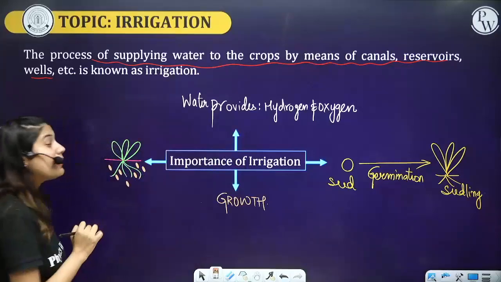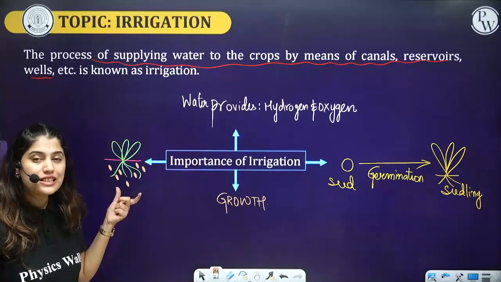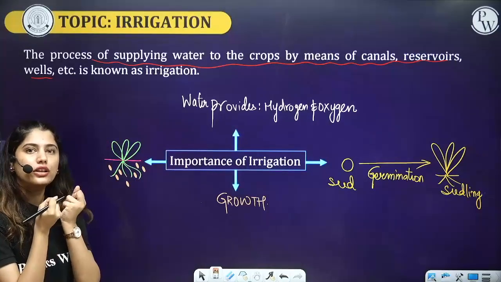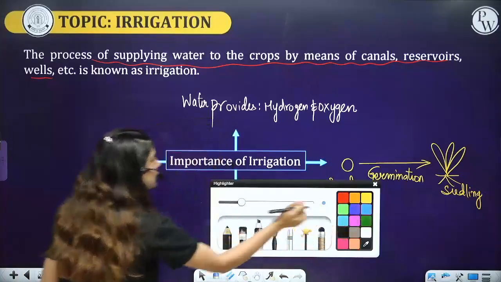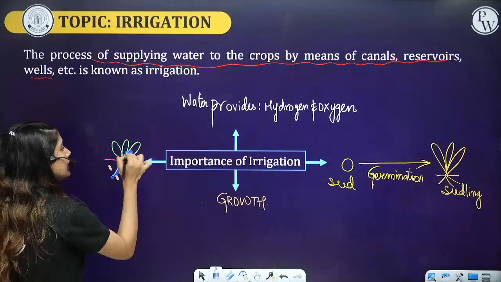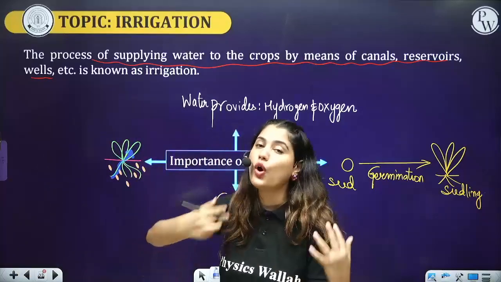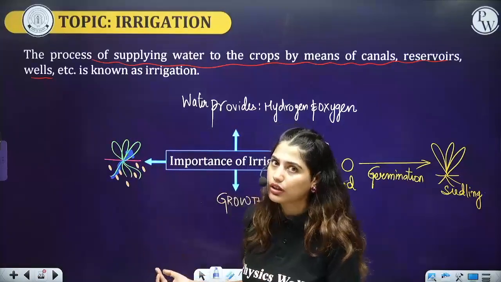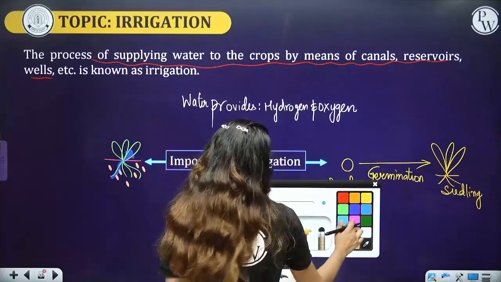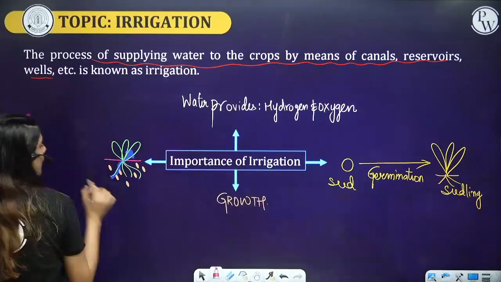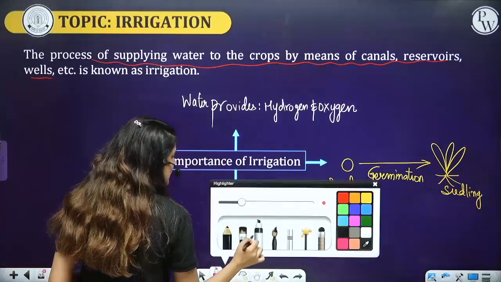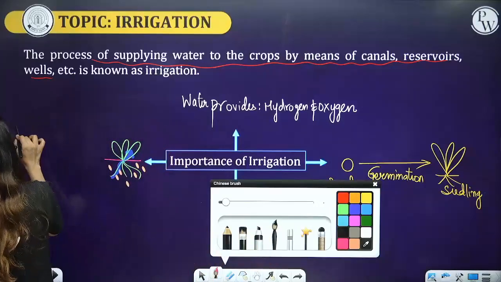The plant actually absorbs these nutrients along with the water, and once the water is being transported in the plant body, the nutrients will also be transported along with water. So I can mention here that water helps in absorption and transport of the minerals.